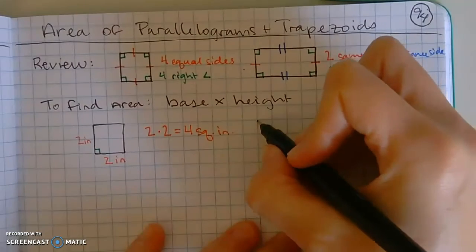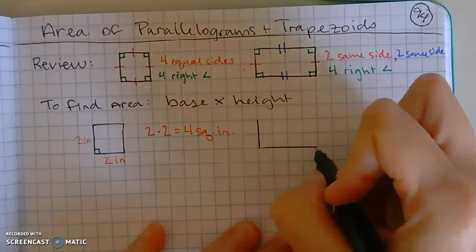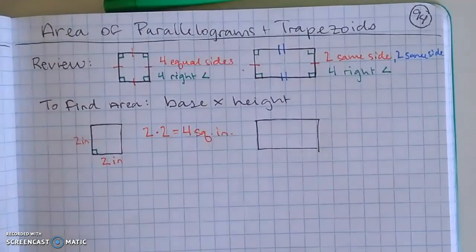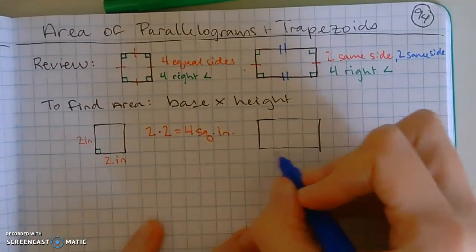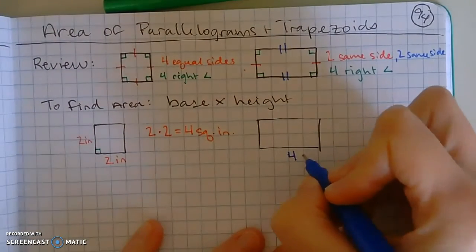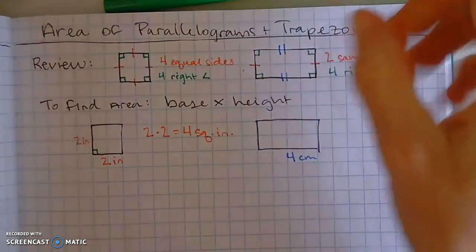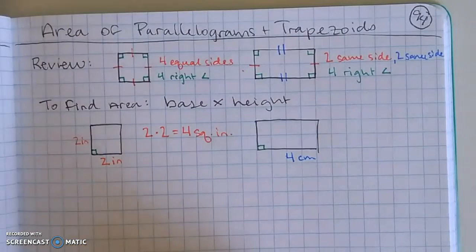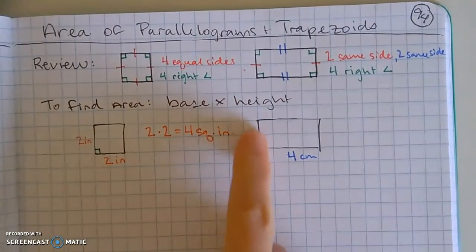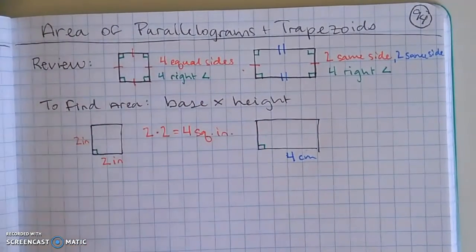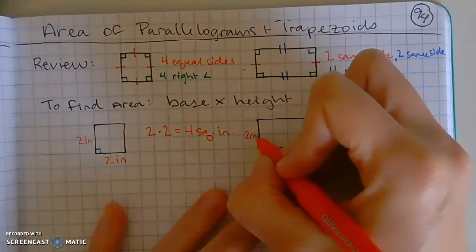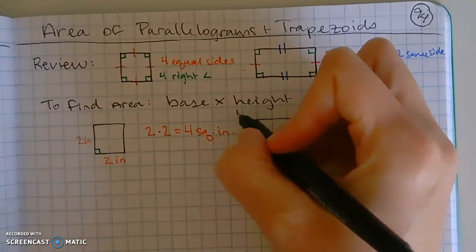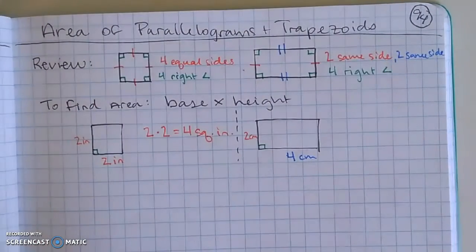Let's do our rectangle real fast. I know that the length of this side is 1, 2, 3, 4. So we'll say 4 centimeters. And again, because this is a right angle, it makes it easy, and I know that the height of this is going to be 1, 2. So this is 2 centimeters. I'm going to do a quick split so that doesn't confuse me later.